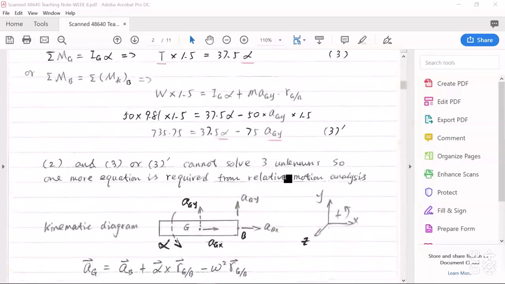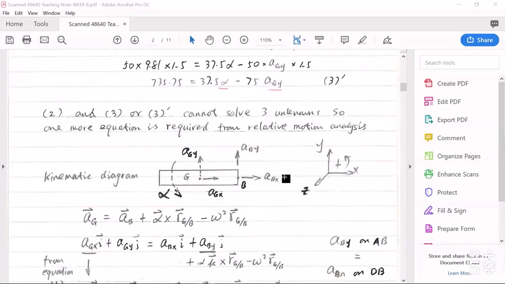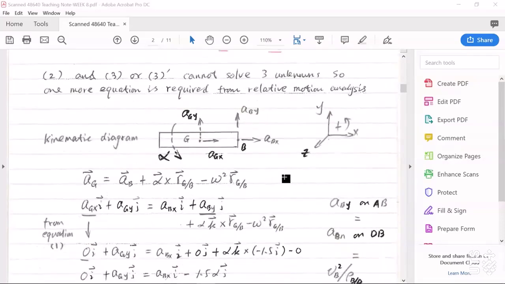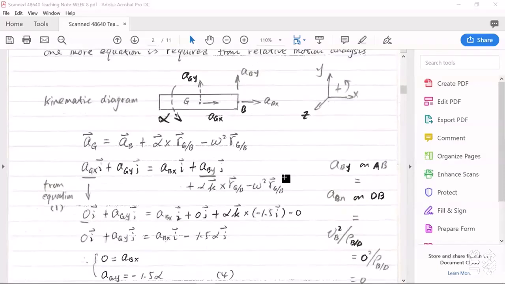So how to do? We must have one more equation. And this equation will give us the relationship between AG and alpha. That will be relative motion analysis of acceleration.